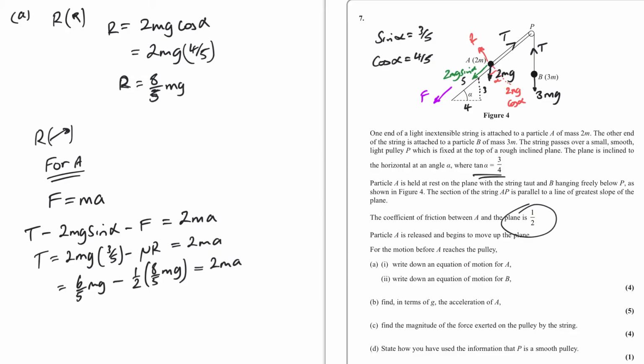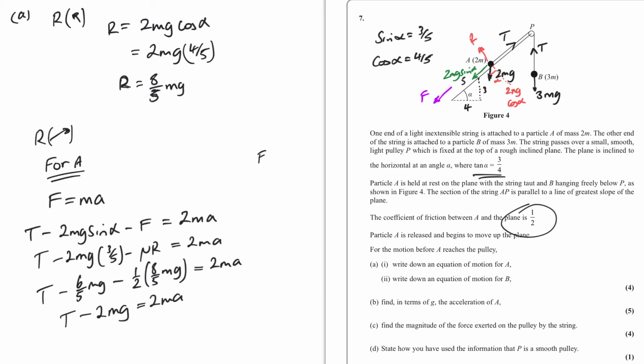Sorry, apologies there, I wrote an equals. I did that on the one above as well. It should be T minus 2mg equals 2ma. Now, at this point, I've actually probably gone quite far. It just says write down an equation for A, so this first one was probably sufficient. Obviously, I've carried on working this out.